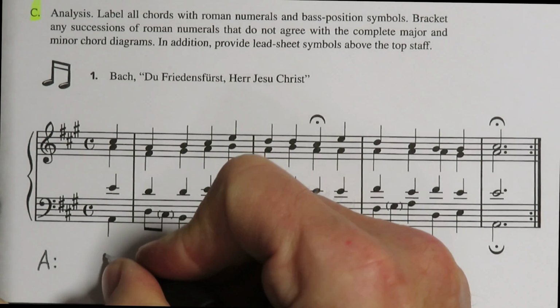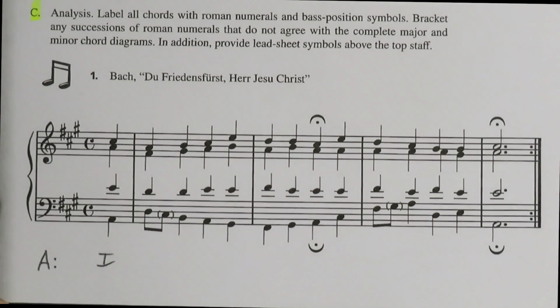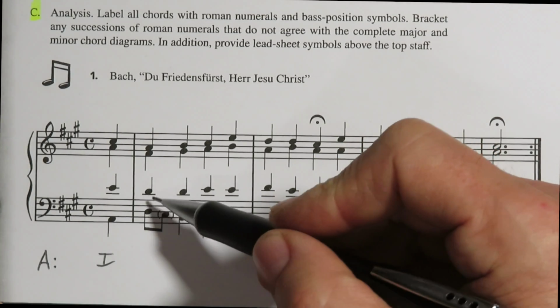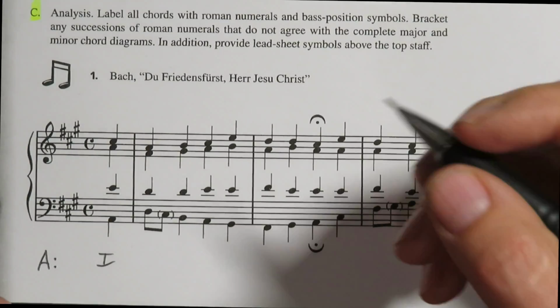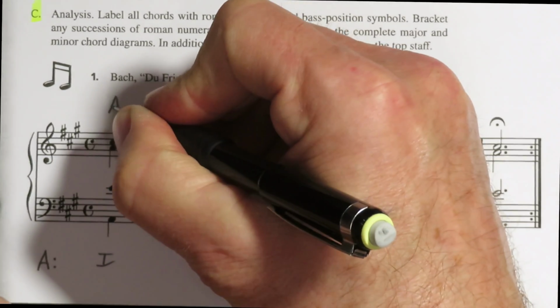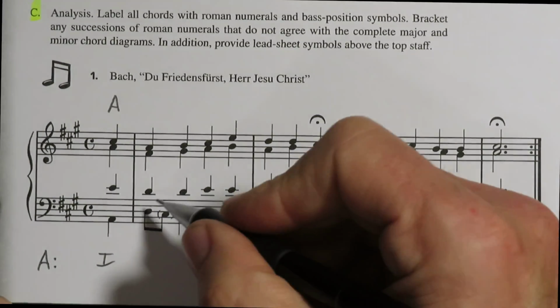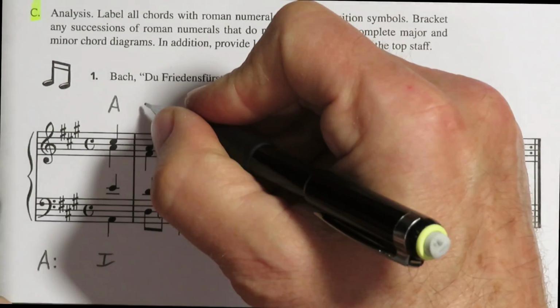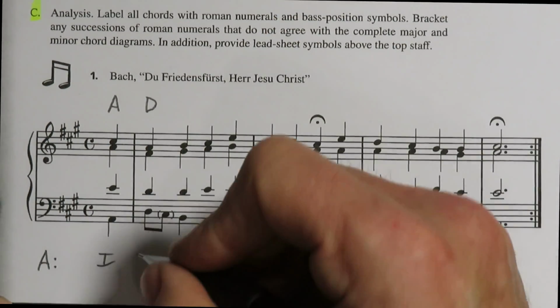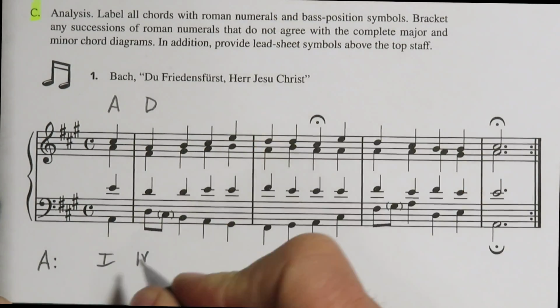And we have our uppercase Roman numeral for the 1 chord. So now we move on to, looks like the D major. Oh, let's put the lead sheet up here too. So we have A. Then we have a D major, D, F sharp, A in root position. And that is the 4 chord.